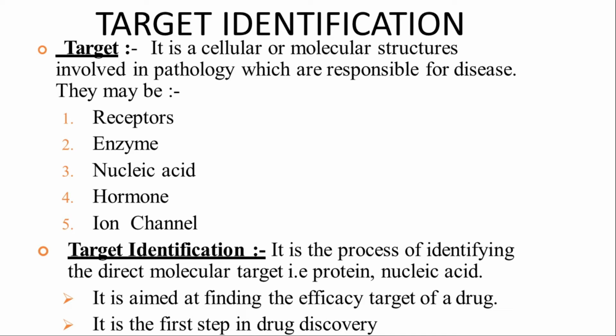So you have to find out the structure of the target, which may be a protein or a nucleic acid. It is aimed at finding the efficacy target of a drug. It is the first step in drug discovery. Yes, identification of the target is the first step in drug discovery.